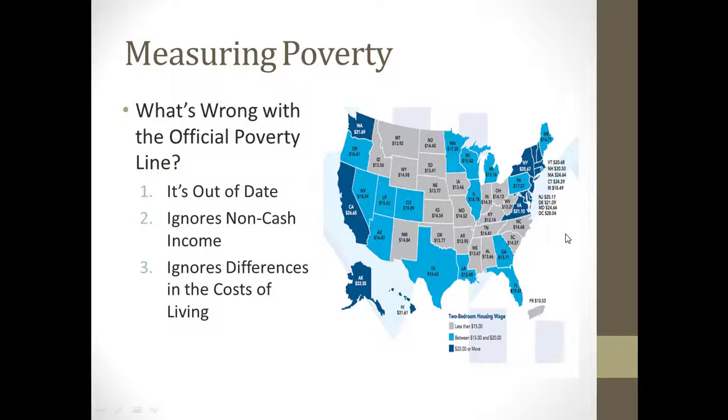So here's an interesting measure that it costs a lot more money to live in some states than others. So how much do you need to make an hour in order to afford a two-bedroom home in these states? So if you look at California, you'd need to make almost $27 an hour to afford a two-bedroom home, versus say, let's go Montana, you'd need to make almost $14 an hour to afford a two-bedroom home.